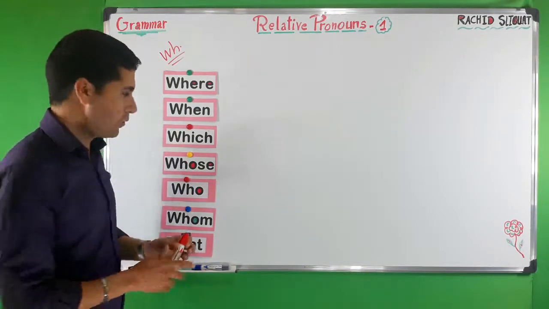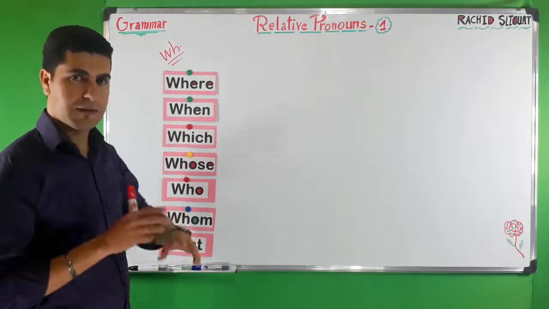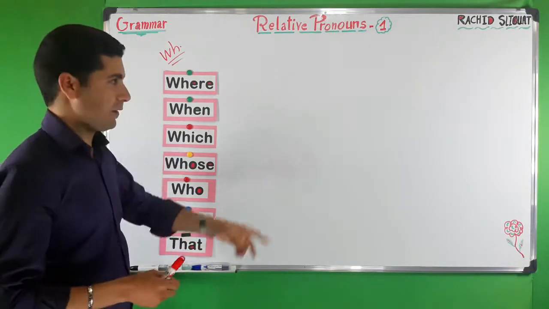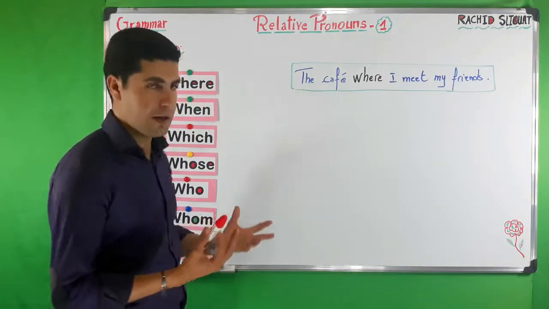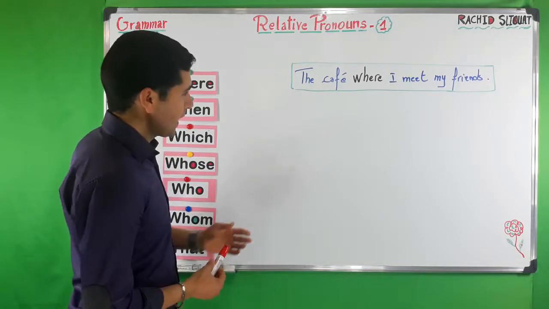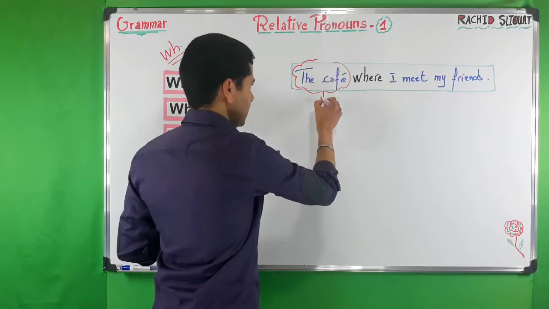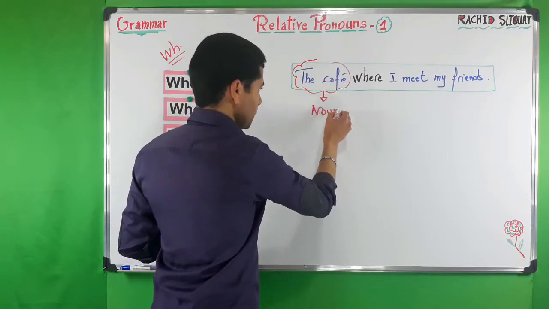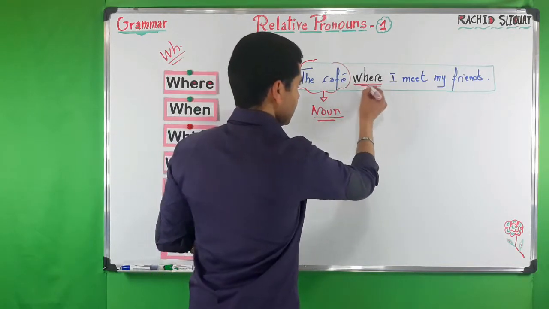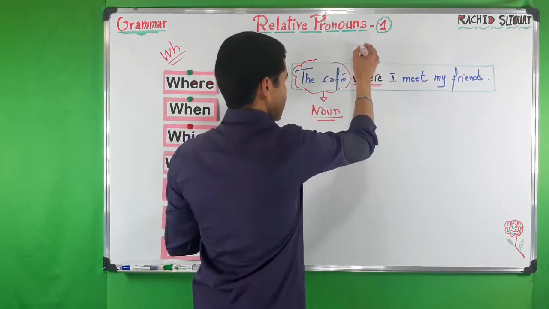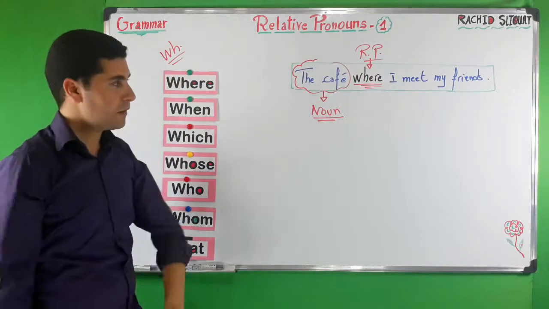Now, before we move to talk about the use of these relative pronouns, let's start with a very simple example. The cafe where I meet my friends. Now, the cafe is simply a noun, and where here is a relative pronoun.